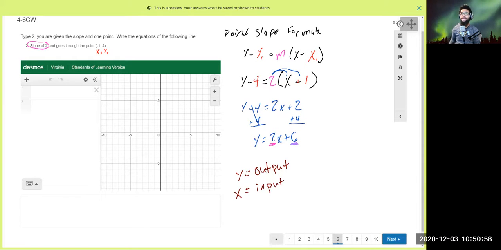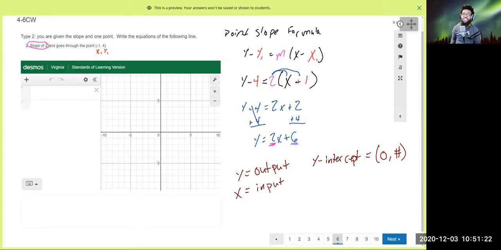That has not changed. What we have introduced, though, is the idea of a y-intercept. Our y-intercept is where our graph crosses the y-axis, okay? That's going to be written as an ordered pair. It's going to be 0 and a number. So that's the difference.